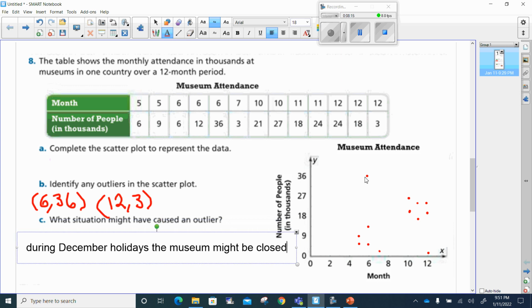And in June, we might say that June is typically right when school's out, right? Then it's May and June, so that's going to be the summer months, right?